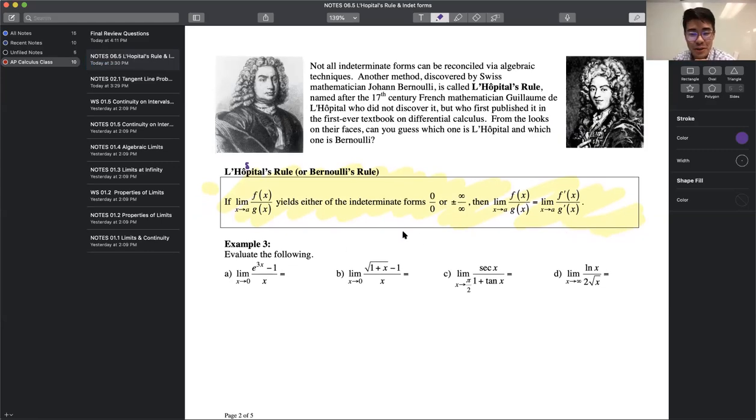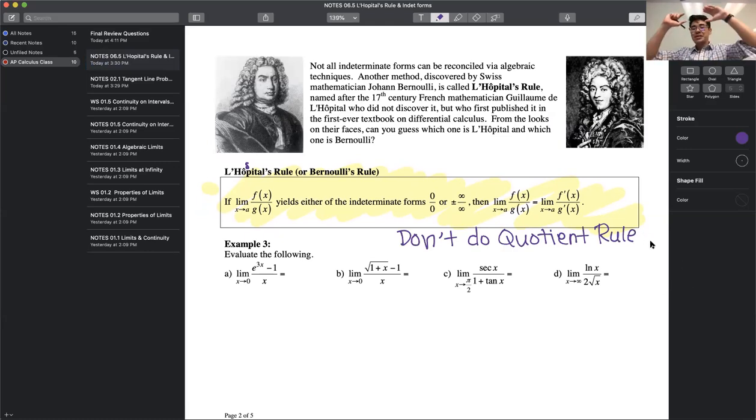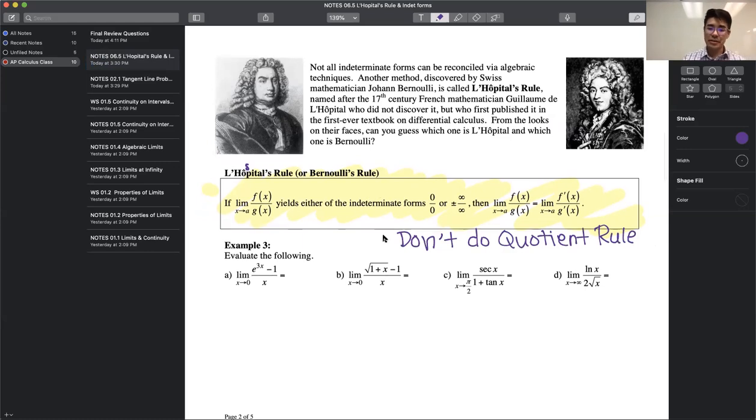I'll put this note here for people who are going to read it. Don't do quotient rule. I think that's the biggest thing that I see people mess up on when they get a L'Hopital rule question. They're like, oh, I'm going to do the quotient rule now because I can do that. No, take the derivative of the numerator and take the derivative of the denominator separately. Okay, so we have L'Hopital's rule right there.